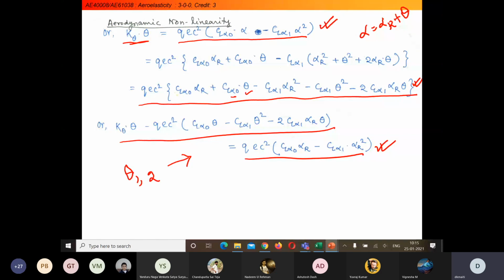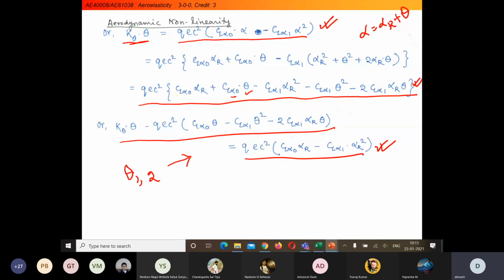That is nothing but theta 1 and theta 2. These are the two different values of theta for which the system reaches the equilibrium point. Is it clear now, what I am talking about, basically the nonlinearity concept? Yes, sir.